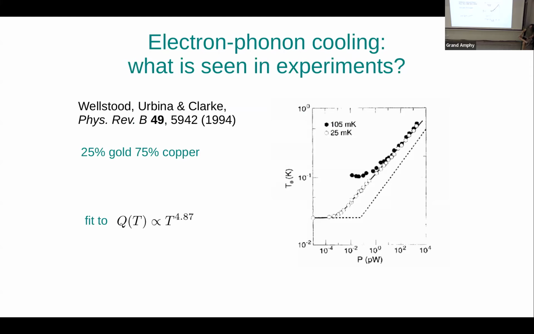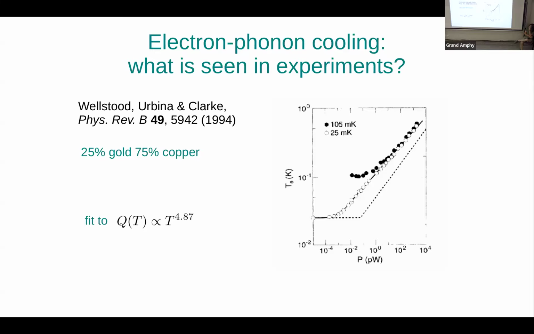So I tried to look for experiments. Last Friday I did some literature search in the old-fashioned way with artificial intelligence, and I will show what I saw. So this is probably the first paper, the most well-known one.